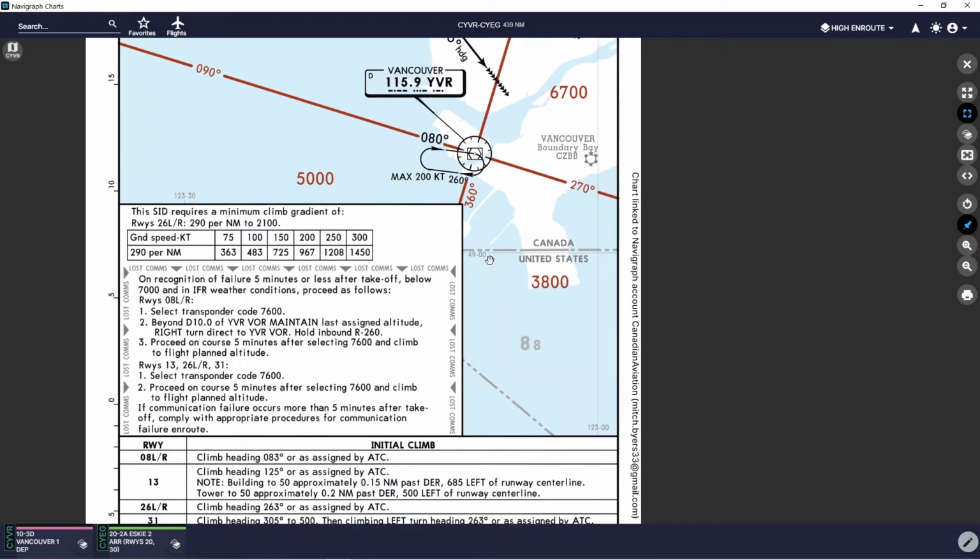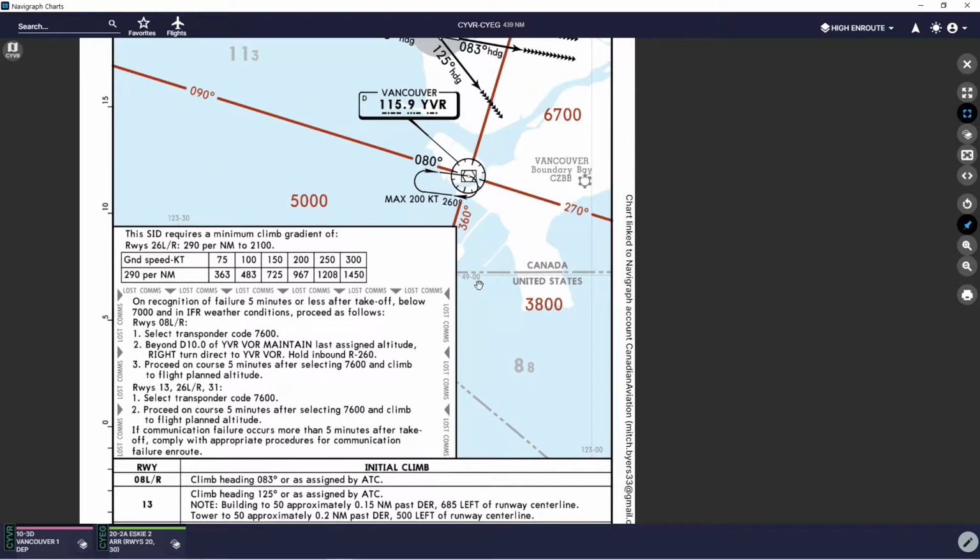Then sliding down a little bit more, you're going to have some requirements for the SID. In this case, this SID requires a minimum climb gradient off runway 26 left and 26 right of 290 feet per nautical mile to 2,100 feet. To keep it simple, we're not going to cover what climb gradient is, but essentially you have to meet a certain climb to a certain point, which is 2,100 feet.